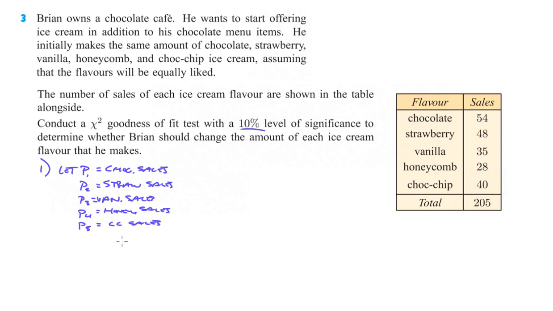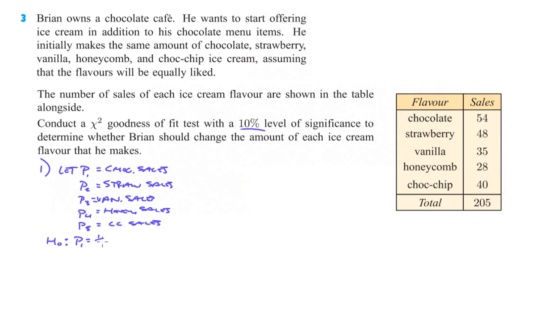Okay? So with that, our H0 will be, let me see, I should not put equals. H0 would be that P1 is going to equal, there's 1, 2, 3, 4, 5 of these, right? So each one of those should be a fifth.